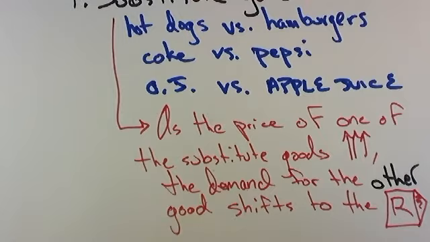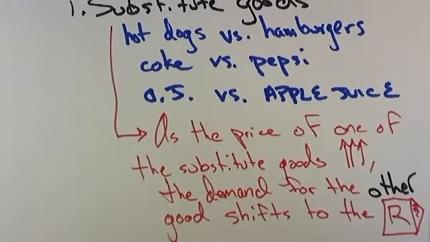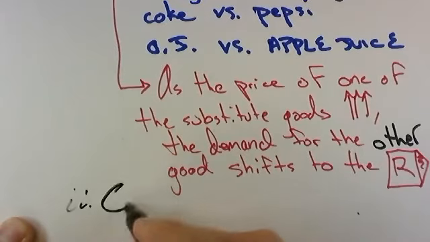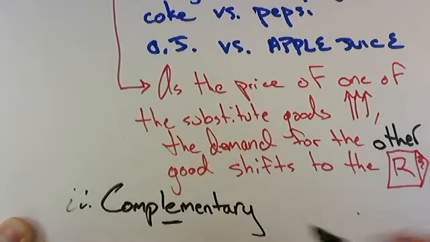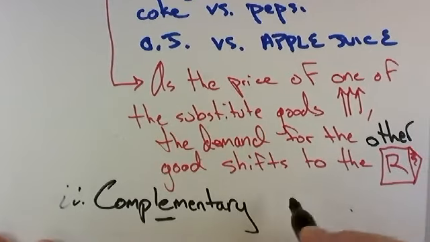What about the other type of goods? You told me that there were two types of goods, Chris. What's the other type of goods? The other type of goods is complementary goods. And it's complementary, not complement, like you're so pretty, but complementary, if these things go together.